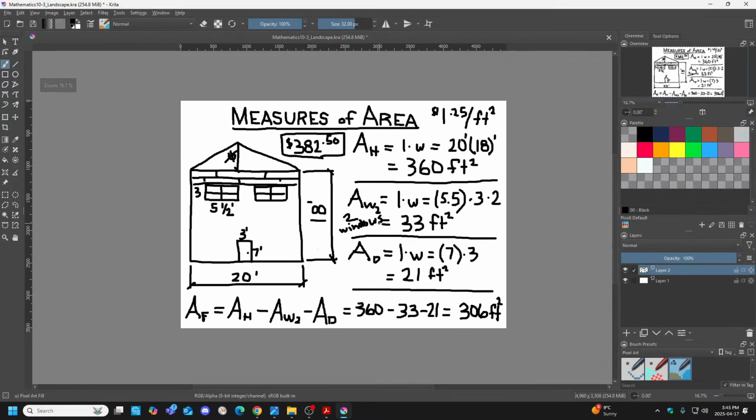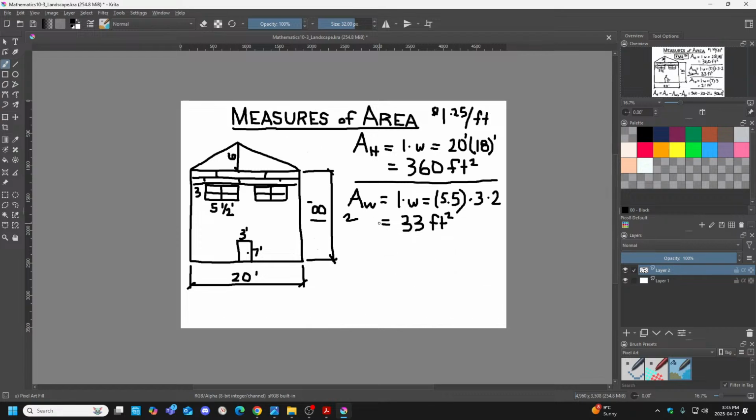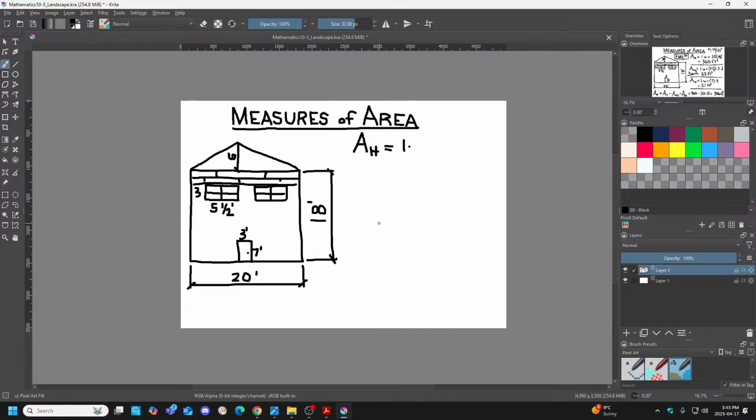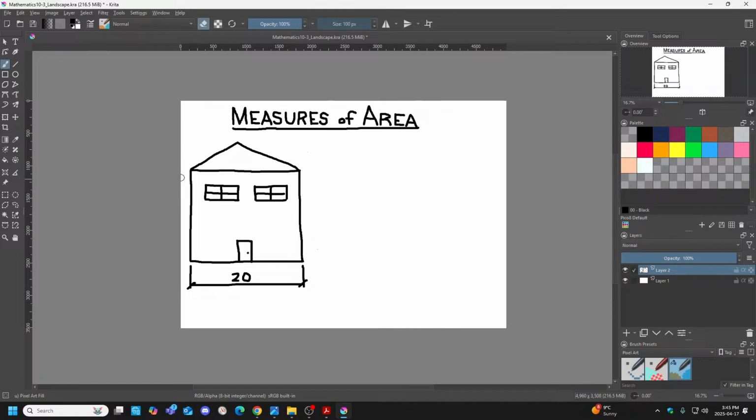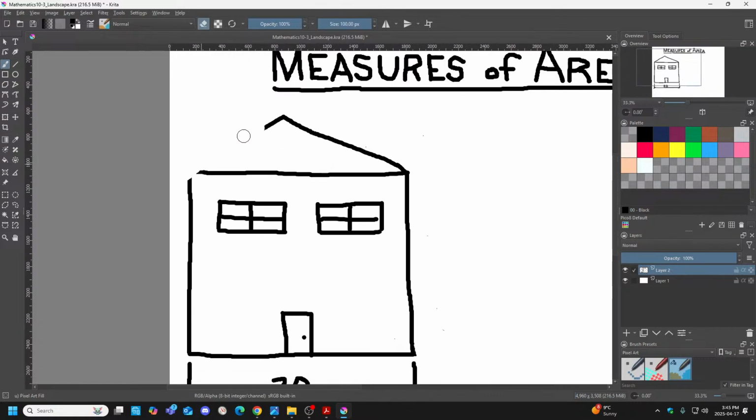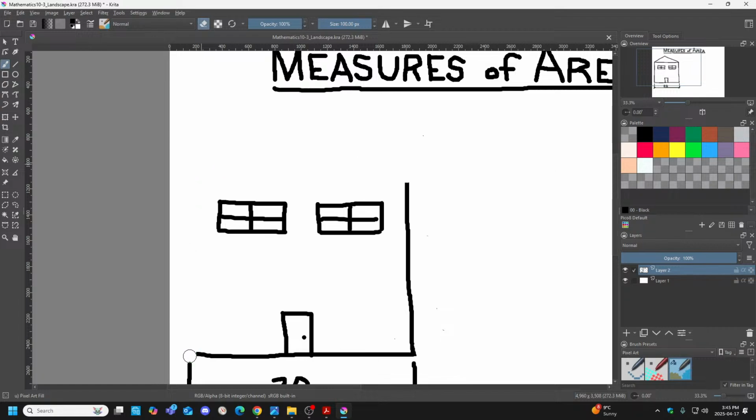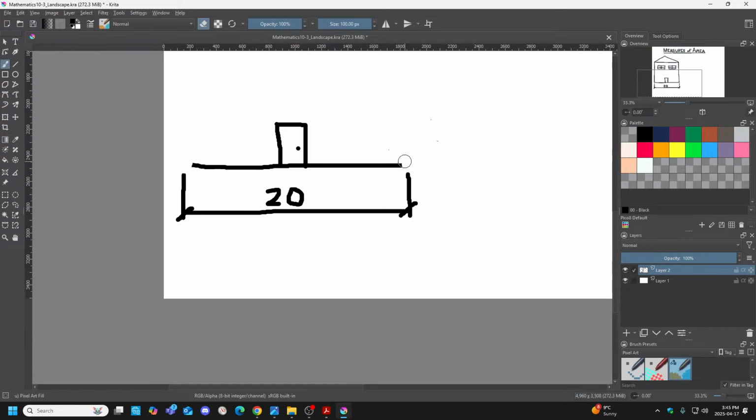Need to learn. Okay, let's clean up things here. Oh, I'm gonna have to use the eraser, which is fine. All right.